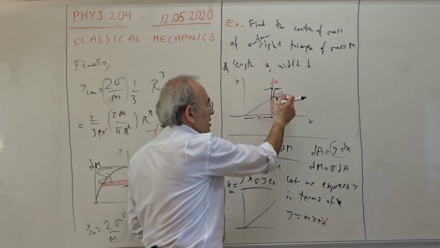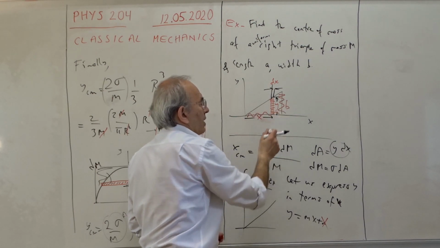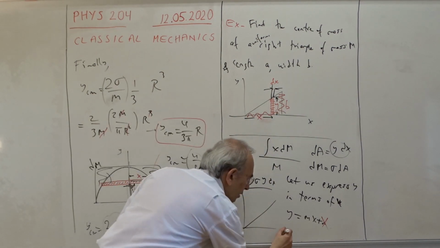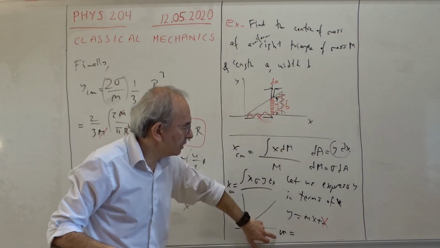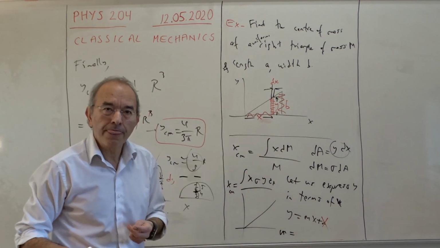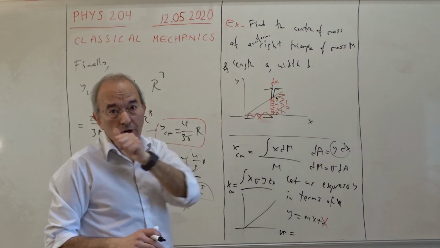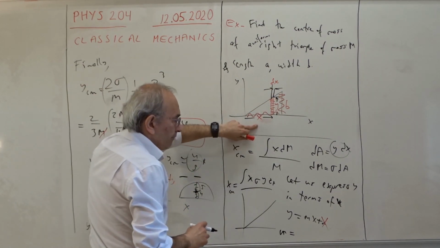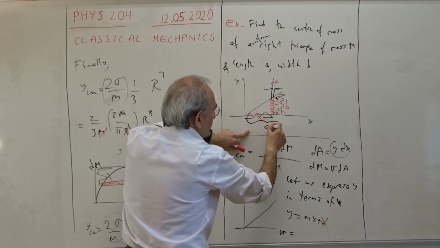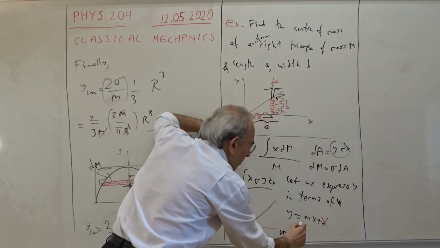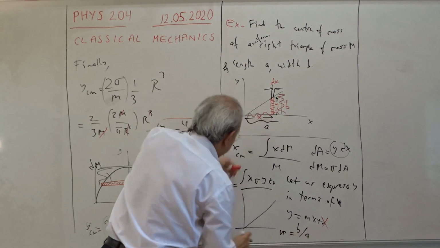Tangent theta, b over a. So little m is not the mass, capital M is the mass. Little m is the slope of this edge of the triangle, the hypotenuse. So it is b over a. a is this part, b is the height. So m is b over a.